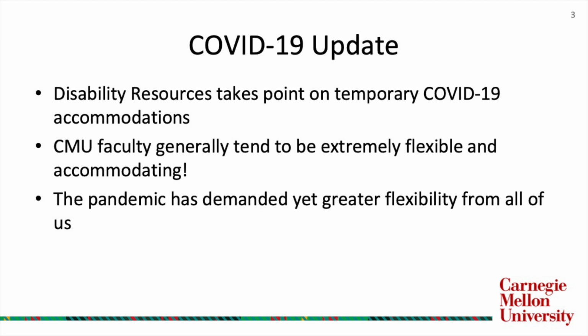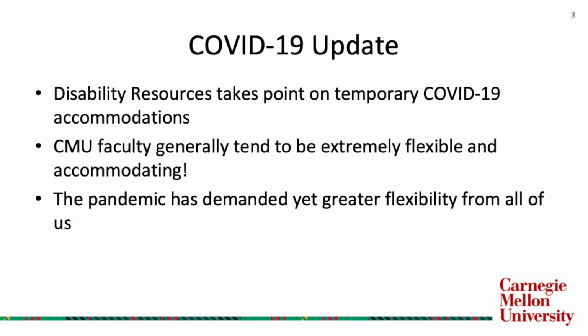So if you're aware of a student who's experiencing some symptoms, whether they have officially been confirmed, tested or not, please send them our way so that we can look and see if there are some temporary accommodations that they might need. Now, if they just need to miss one day of class or something very minor, we may not need to set up accommodations, but if they're going to need a week or two of convalescence, then we'll be in that process.